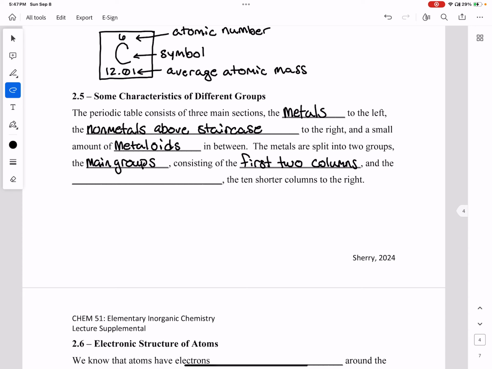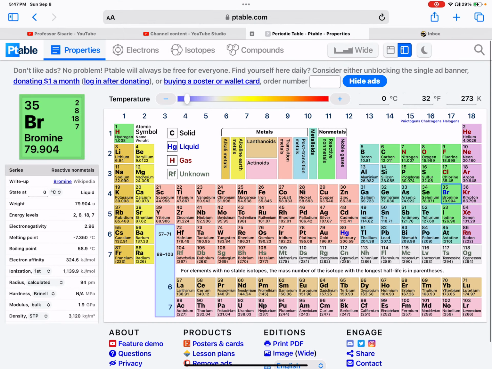Okay, and then there are transition metals, which are those 10 columns in the middle, all of the ones in pink, from scandium to zinc. These are our transition metals. And then over here, hydrogen can act like a metal. It's not really a metal, but it acts like one a lot of the time. But lithium, beryllium, these are our main group metals. And we'll get into more details about why they're separated later on.